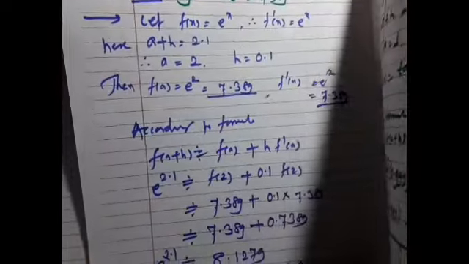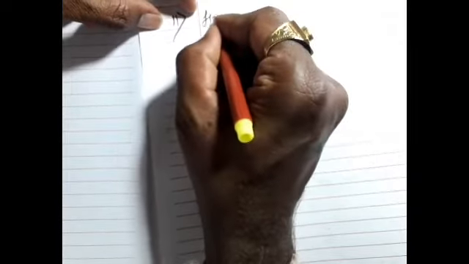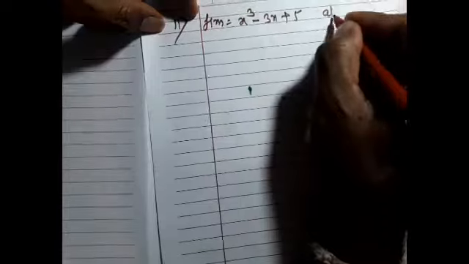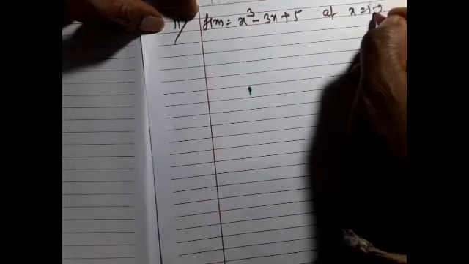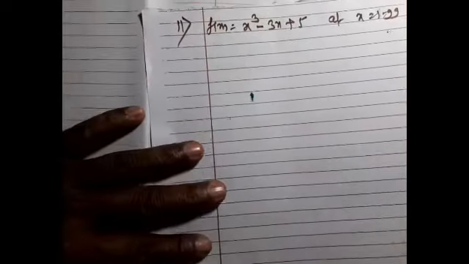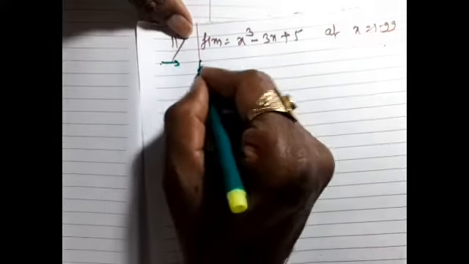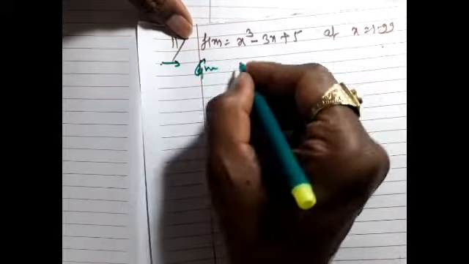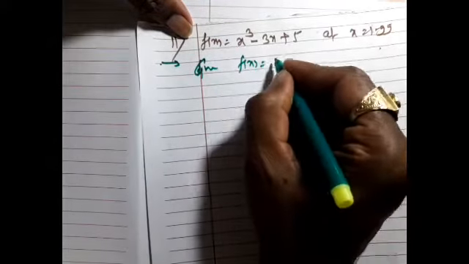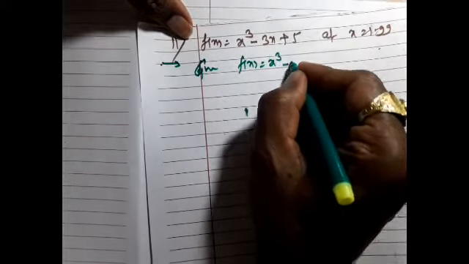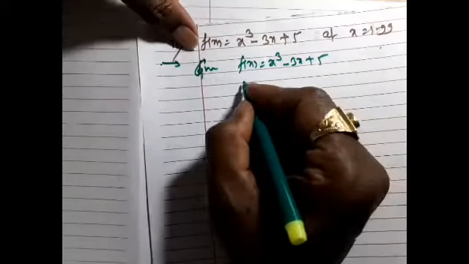That is example number, I think, 10, 11. That is f x is equal to x raised to 3 minus 3x plus 5 at x is equal to 1.99. Very interesting example, very simple, f x is given. So what is given? F x is x raised to 3 minus 3x plus 5.